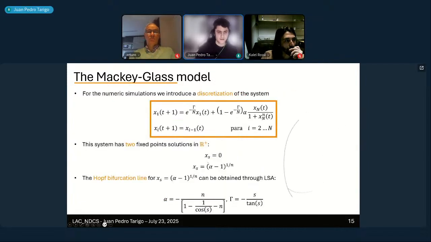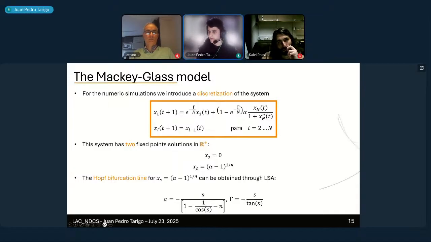And we don't use Runge-Kutta to simulate this system, but we use a discretization of the model in this map. So this is not an infinite dimensional model, but an n-dimensional model, and we take n as over 1,000, so it's a very high dimensional model. It can be shown that this system also has two fixed points and a Hopf bifurcation line. We can see that analytically.